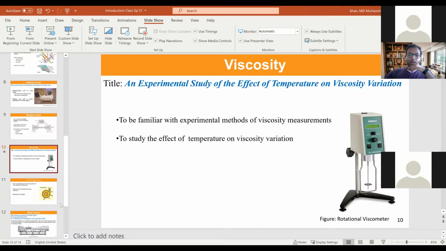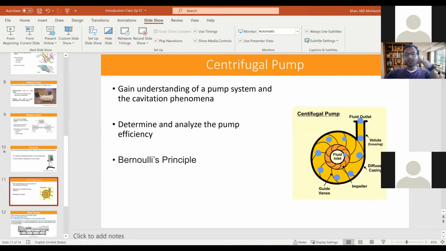All right. After that, the final experiment, which is going to be a study of turbo machinery. For you, it's a centrifugal pump. We studied how you can move energy from point A to point B. Now you're going to study how you can move fluid from point A to point B using different kinds of energy.